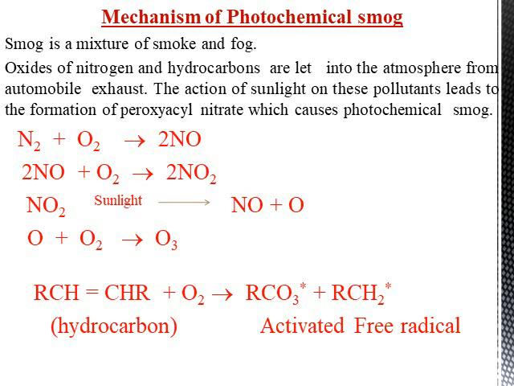When this is sent out into the atmosphere without burning, it reacts with the oxygen molecule and forms activated free radicals: an oxy free radical, RC double bond O dot, that is carbon with an oxygen, and an RCH2 dot, that is an alkyl free radical. These free radicals are active intermediates for the formation of photochemical smog.